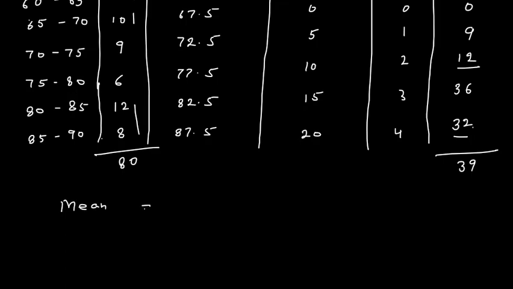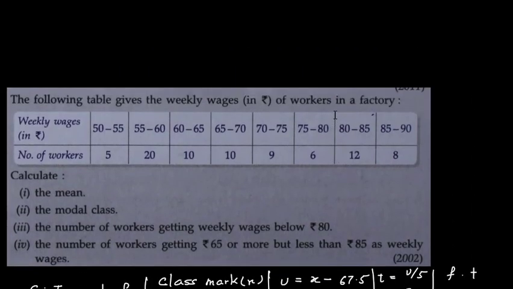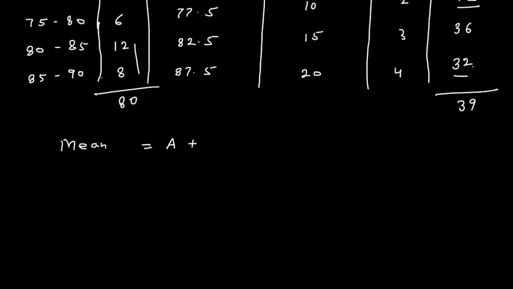Mean is equal to a plus, here we have divided by some number, we have divided by 5, so a plus 5 into summation of fi ti upon summation of fi.